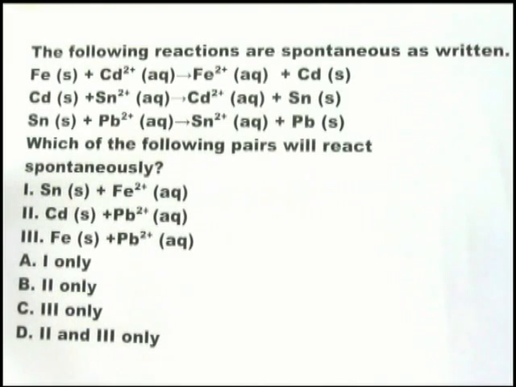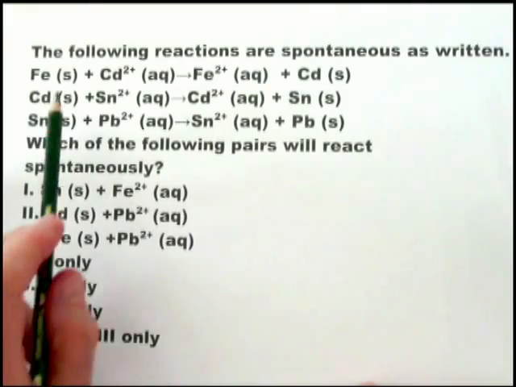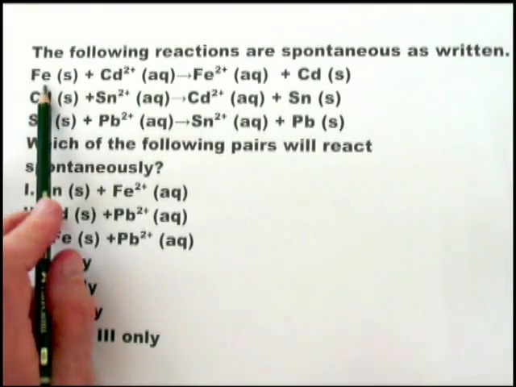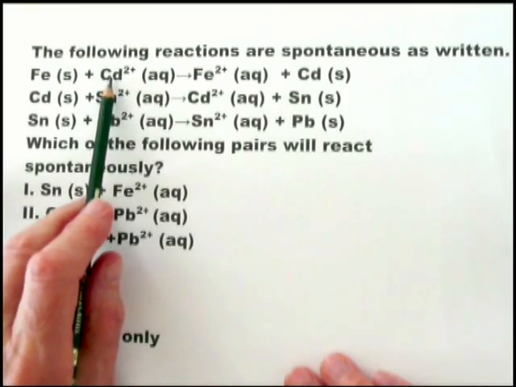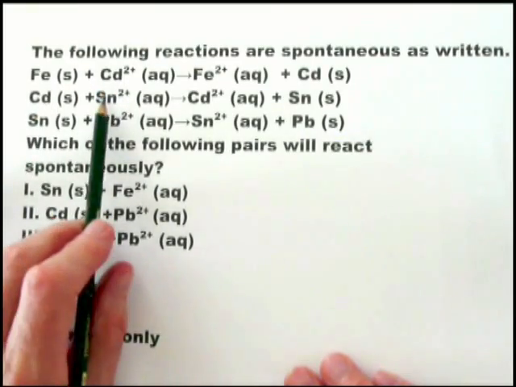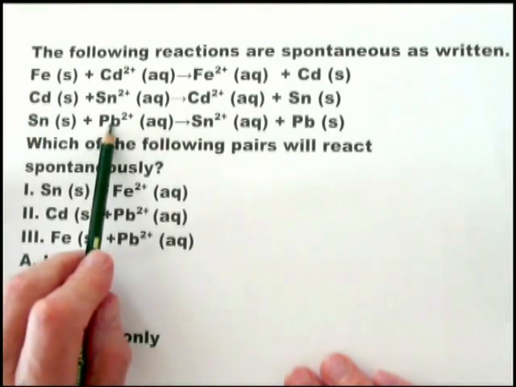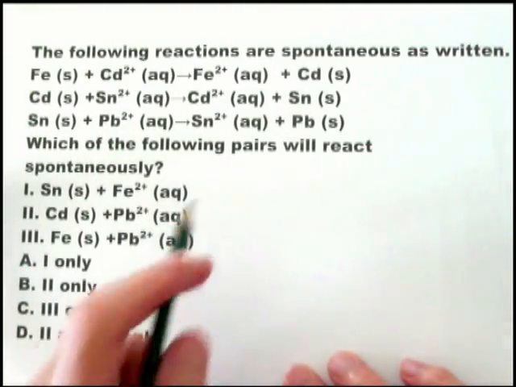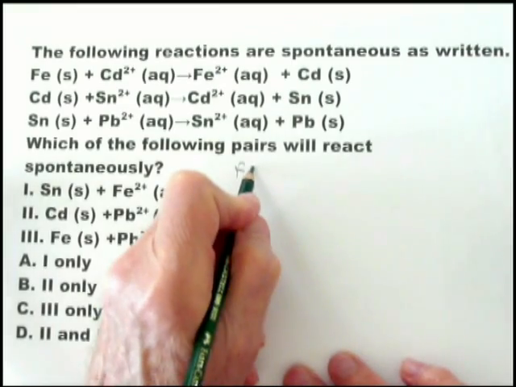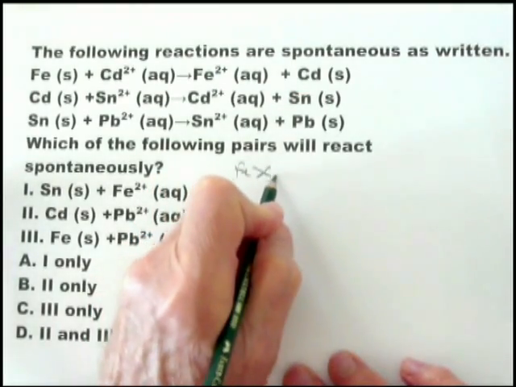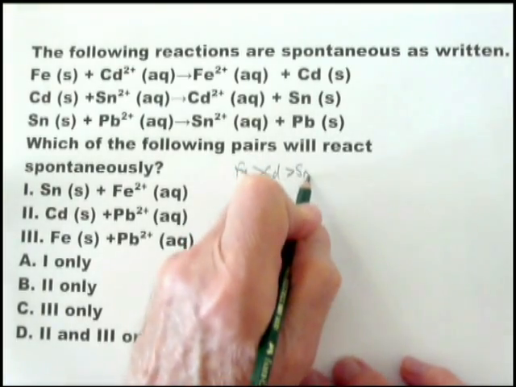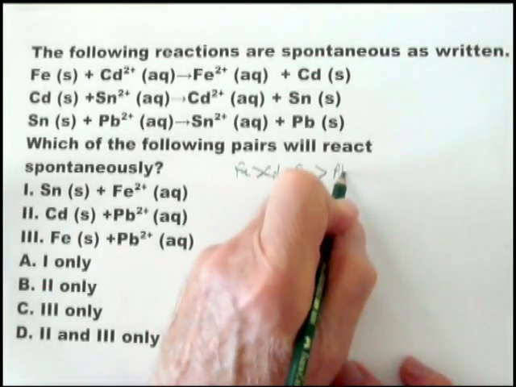The examiner is telling you in this problem that the following reactions are spontaneous as written, and therefore he is telling you the order of reactivity. He's telling you that Fe is more reactive than cadmium, and that cadmium is more reactive than tin, and tin is more reactive than lead. So you can write that down: Fe is greater than Cd, which is greater than Sn, greater than Pb.